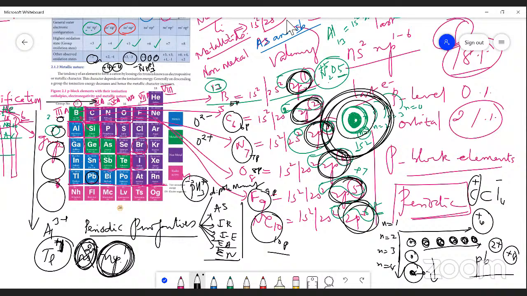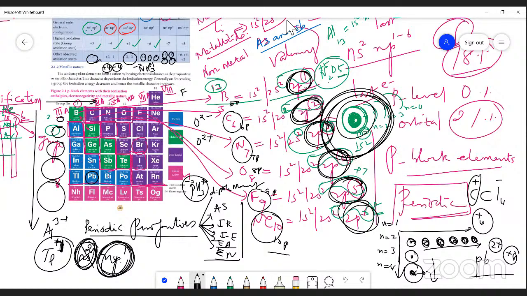The -1 oxidation state is very famous, and it is the only oxidation state of all the halogens. Fluorine is carrying -1 oxidation state. Why? Because this is the only stable oxidation state, as we know: Cl minus, Br minus, I minus.